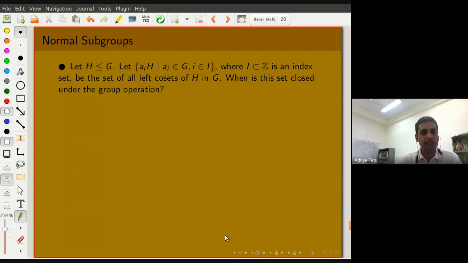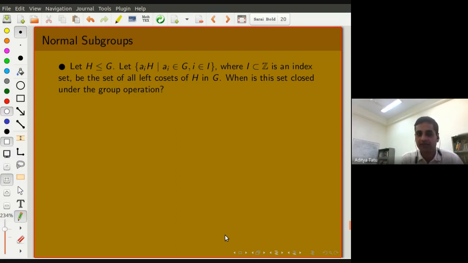Okay, so before I define what a normal subgroup is, let me pose this question. I hope some of you remember it. We have defined cosets, left and right cosets.